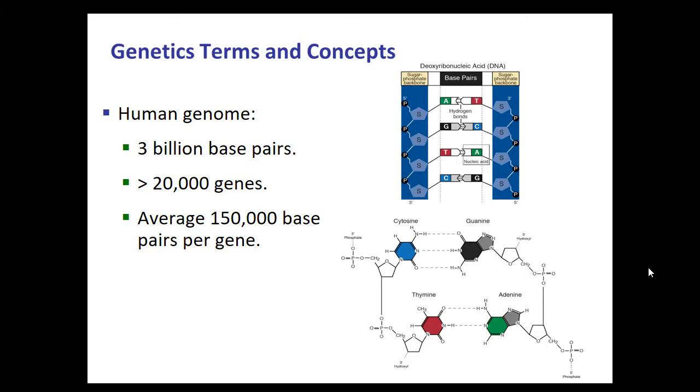So that's a lot of information in every cell of your body, all packed in there. I read once that some scientists in England figured out a way of converting human language into DNA.